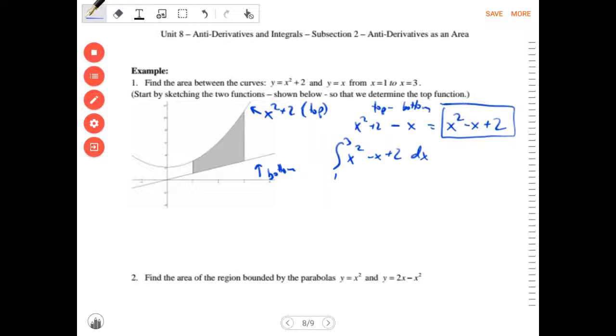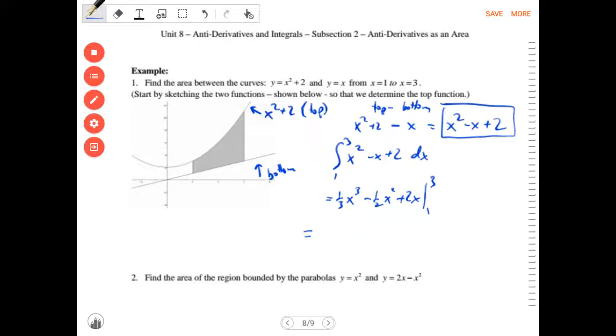Taking the integral of this, that's going to be x cubed times the reciprocal, so 1/3, minus x squared times a half, plus 2x, from 1 up to 3. Again, don't be martyrs, just type this into your calculator. 3 cubed is 27 times a third is 9.